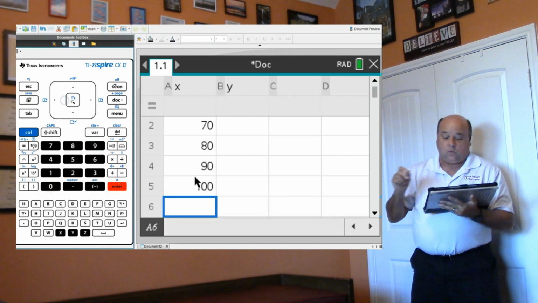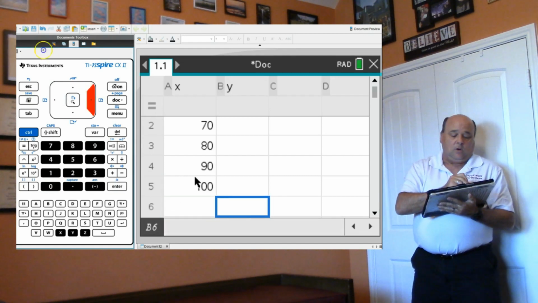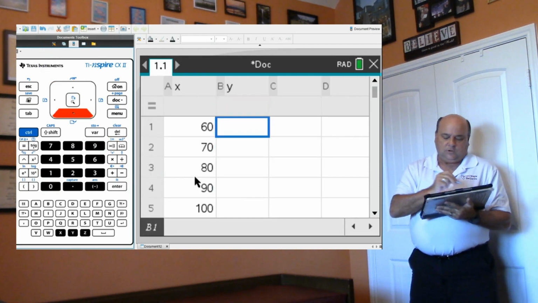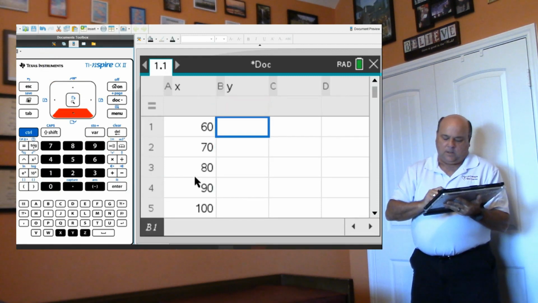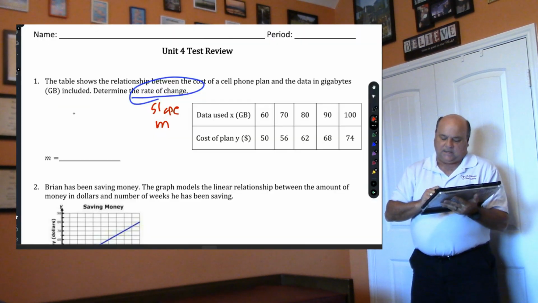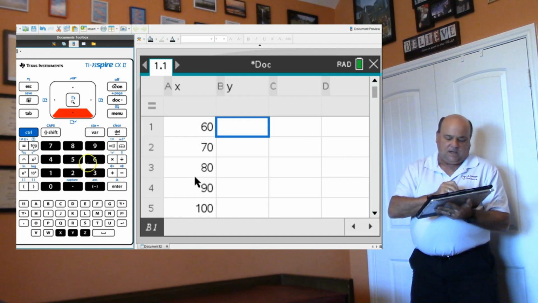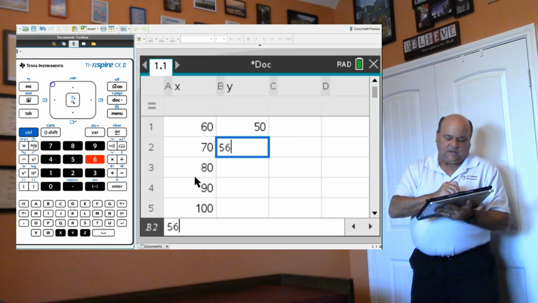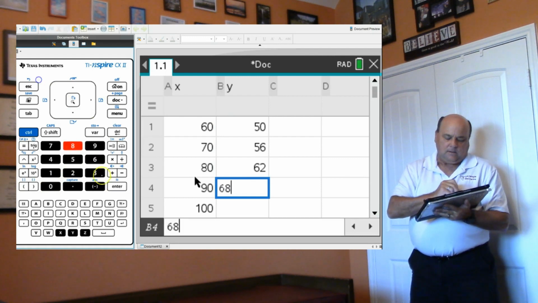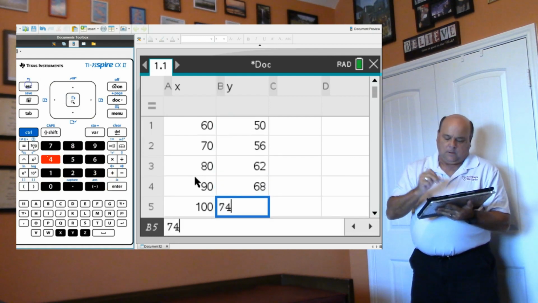Now I'm going over and I'm going to put in my X's. So my X's are going to start with, let me get the paper, 50 to 74, and they go by 6s. So 50, 56, 62, 68, and 74.